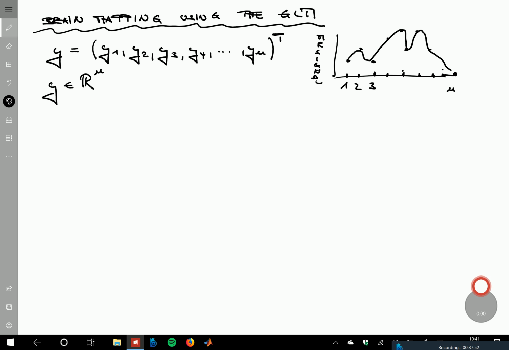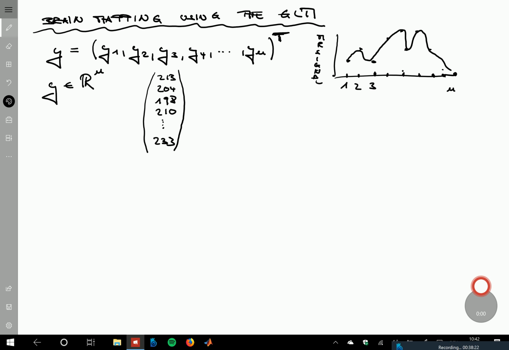So this is why, like in neurocognitive methods, we have the transpose sign so that we have a list of numbers. So to make this very concrete, something like this. This would be our data from a single voxel.